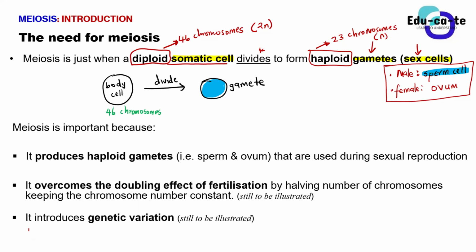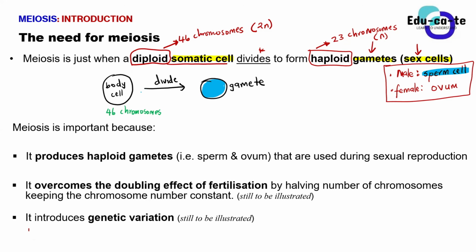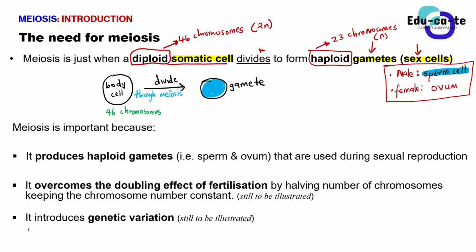But when they undergo meiosis, which simply means that the cell is dividing, these somatic cells will produce gametes or sex cells.